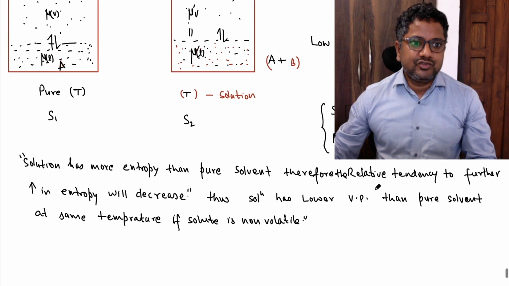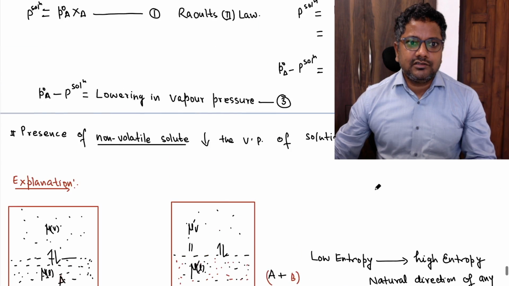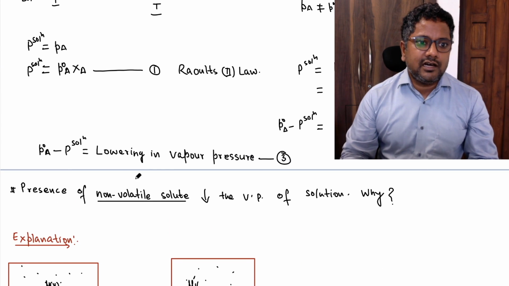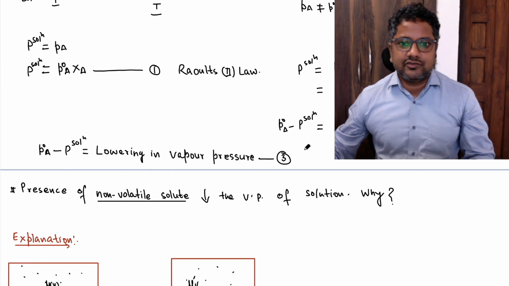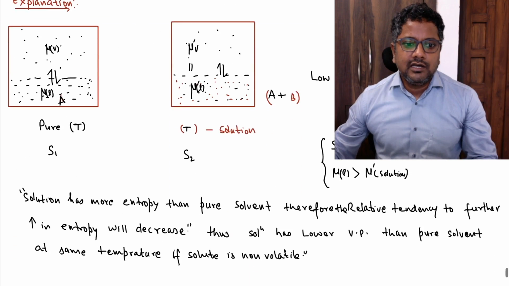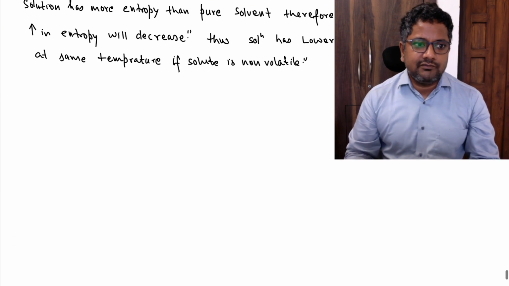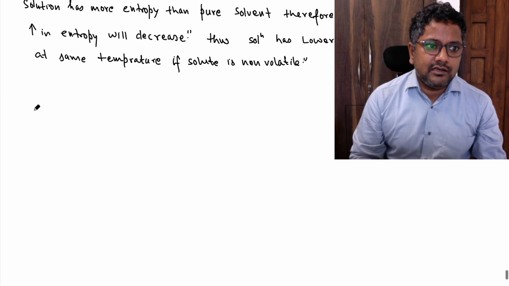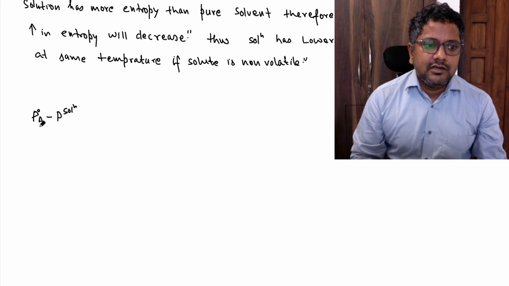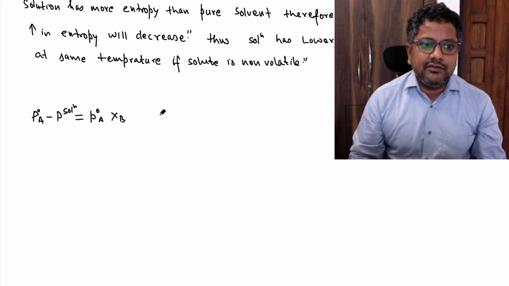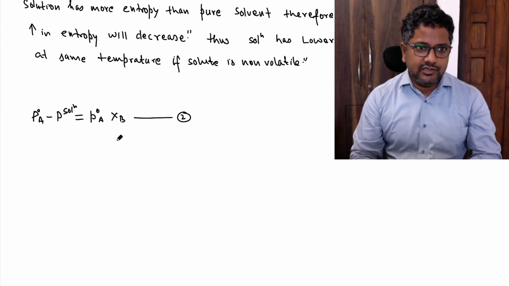Okay, so this is the explanation of this lowering in vapor pressure. Now from equation 2, again I take up this equation 2, P naught A minus P solution is equal to P naught A into XB, where XB is the mole fraction of non-volatile solute.